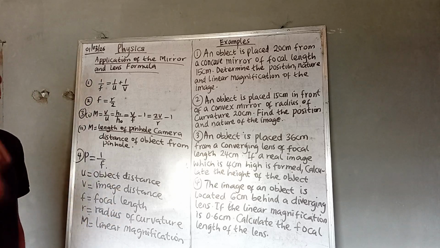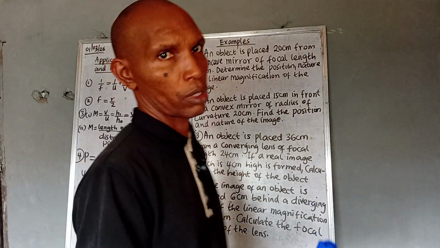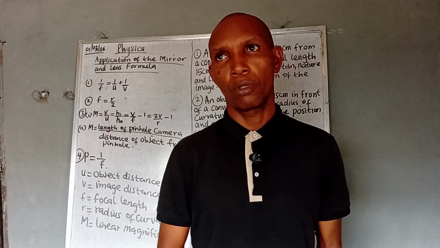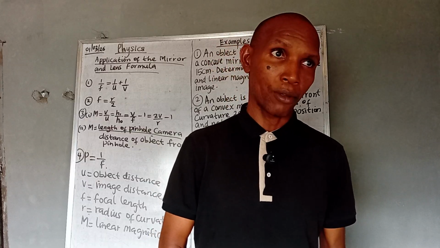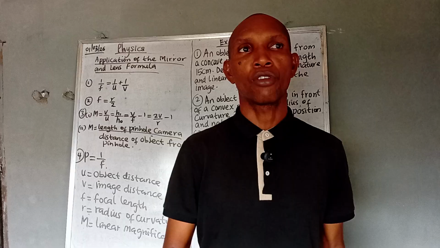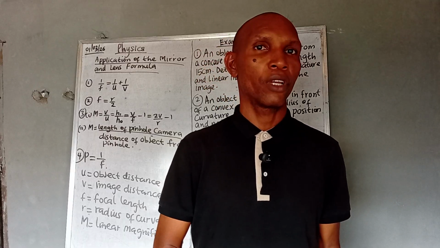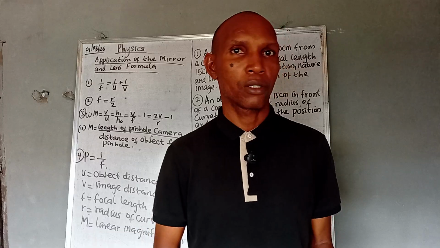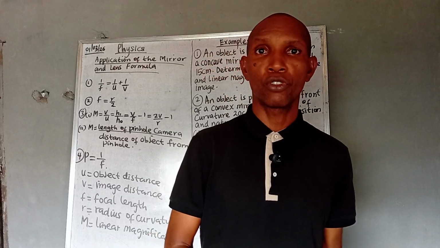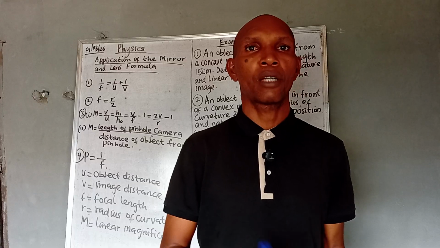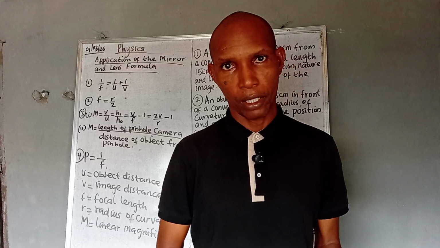Don't forget that there are 2 types of spherical mirrors. You have the convex mirror and the concave mirror. And there are also 2 types of lens. You have the concave diverging lens and the convex converging lens. Then one thing you must notice is this: the convex mirror and the concave diverging lens, they behave alike.